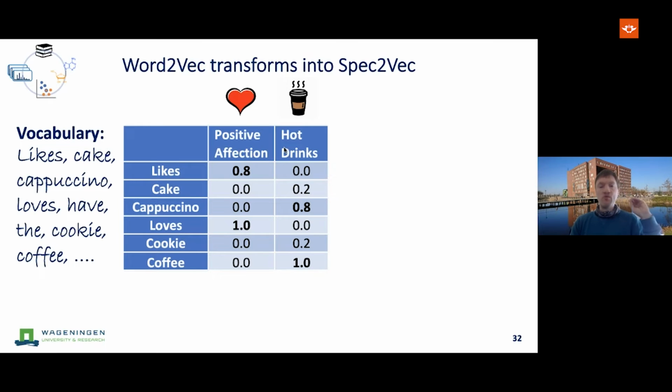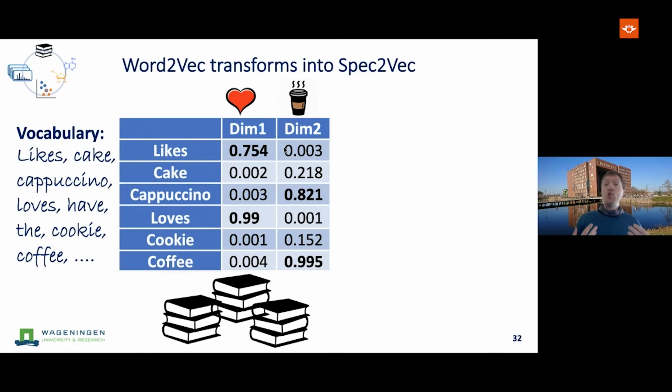So which word would fit more into one of those dimensions, right? And well, you can argue about it, but we won't do that today. I will just show you that you can also learn this from a lot of text documents, and then you would maybe get numbers like I present on the slide now. So then we have simply 2 dimensions, and then of course it's up to us to do something with that, or to interpret that, or to use that in follow-up analysis.